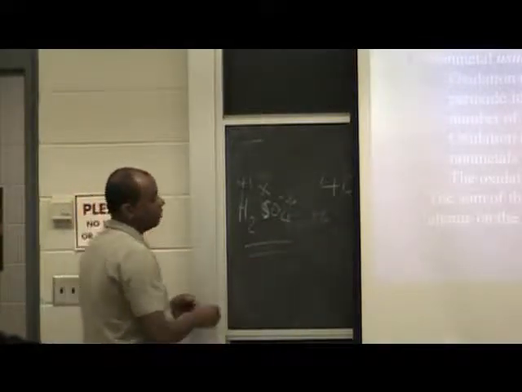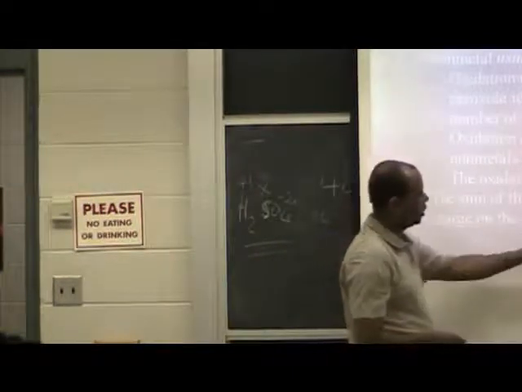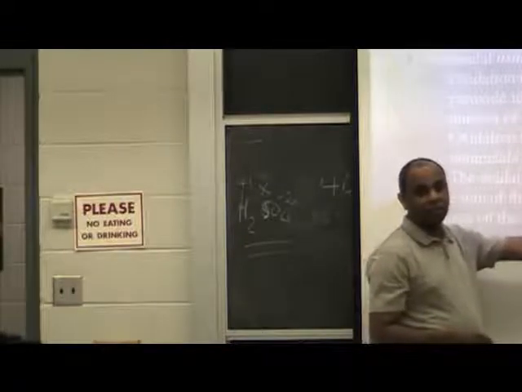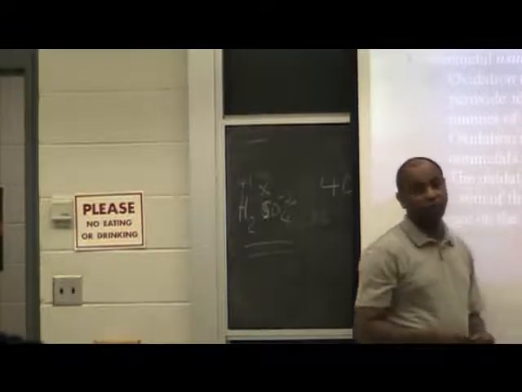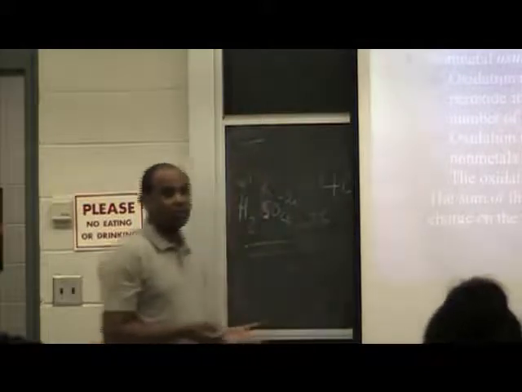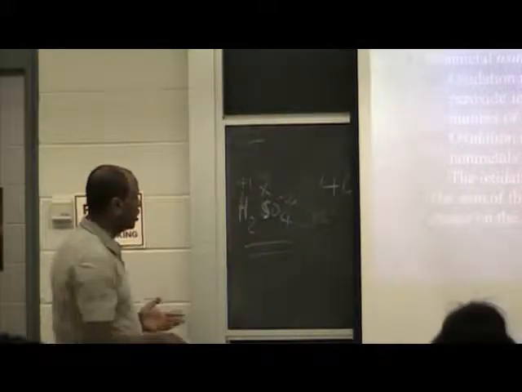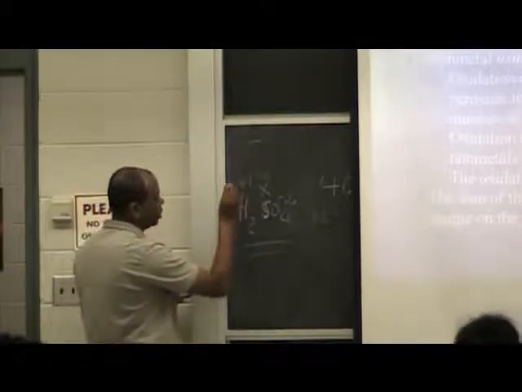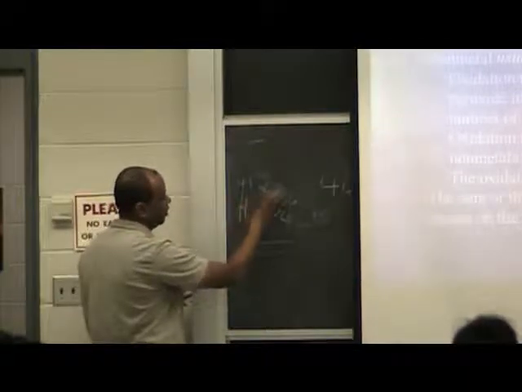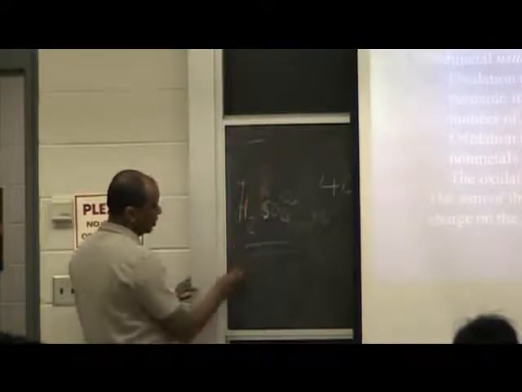Okay, let's look here. The sum of the oxidation numbers of the atoms has to equal the charge on the molecule, which is going to be 0 for a neutral molecule. Sulfuric acid is a neutral molecule. It's not a charged ion, right? So the sum of the oxidation numbers of hydrogen, sulfur, and oxygen has to give you 0.